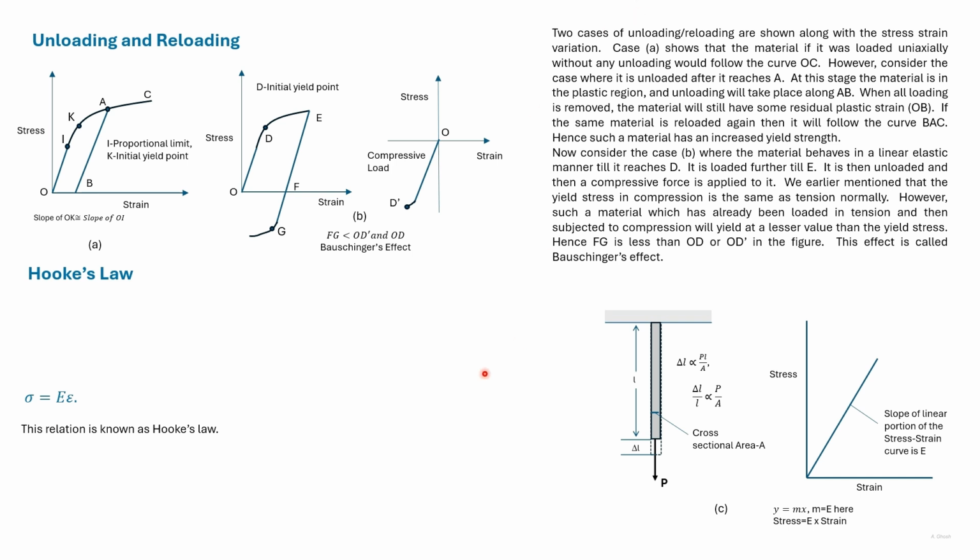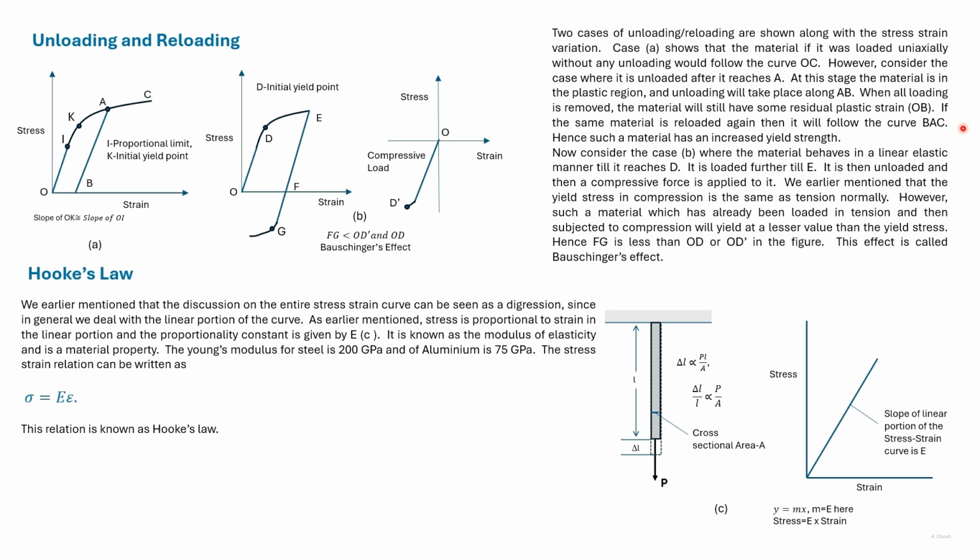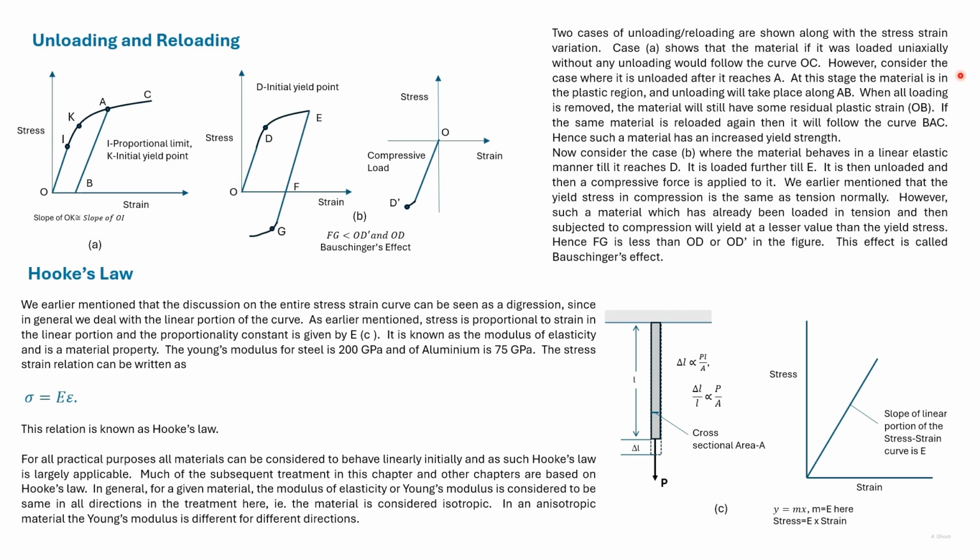The value of the Young's modulus is 200 GPa for steel and 75 GPa for aluminium. It is a material property and varies from material to material. For an isotropic material, it is a constant, but if the material was anisotropic, then it will vary in different directions.